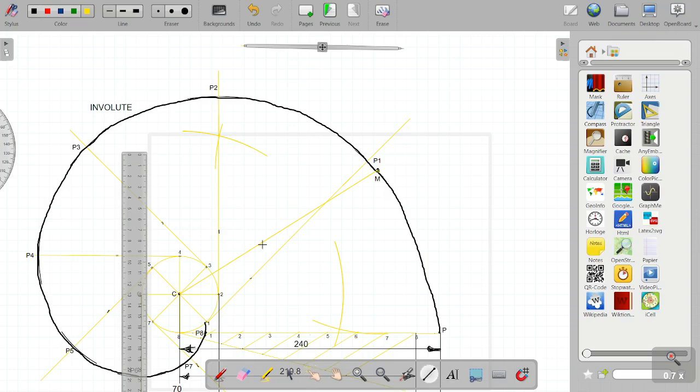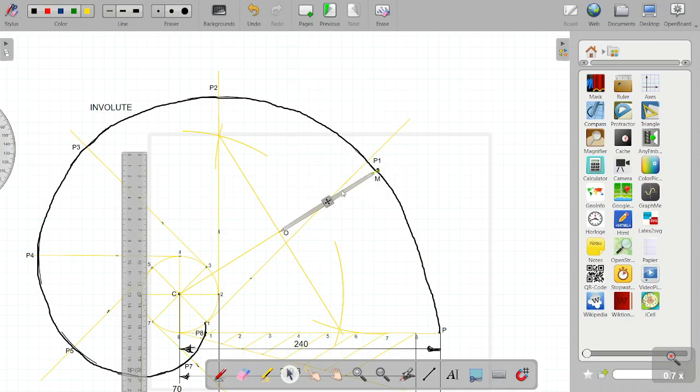Now joining these 2 points, the point at which it cuts the line CM is the exact center of this line. So let us say I will name this as point O. In the compass, measuring the distance from O to M, you can also take O to C because it is the same.